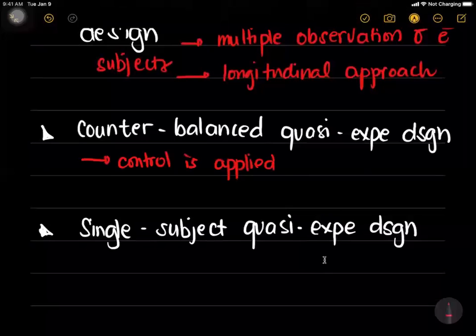And remember, let me give an example. For example, negative results coming from the three-time observation are counterbalanced or given weight that is equated with positive results from four or five-time observation. So that's a counterbalanced quasi-experimental design.